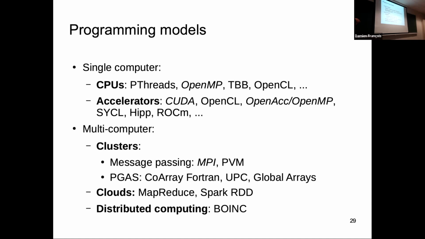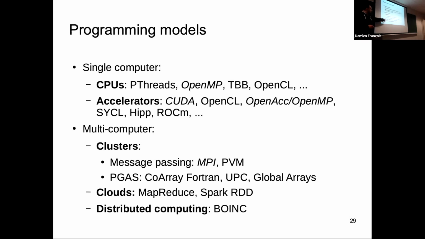Also, you can have PGAS, partitioned global address space, which is a way to work as if multiple nodes that physically have distinct memories had a single memory. From a purely programming point of view, you will see the sum of the memories of the compute nodes as one memory, and behind the scenes there will be the work necessary to organize the transfers, transparent to you.